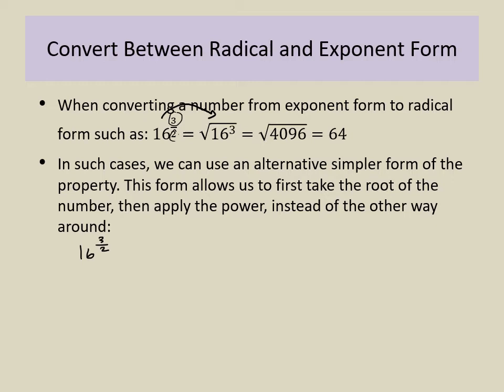Now, if I want to simplify this, because now I have 16 to the power of 3, I'm going to put this into my calculator. 16 times 16 times 16, that's going to give me a big number. This is going to be 4,096 inside the square root. Then I have to take the square root of the big number, and that gives me 64.